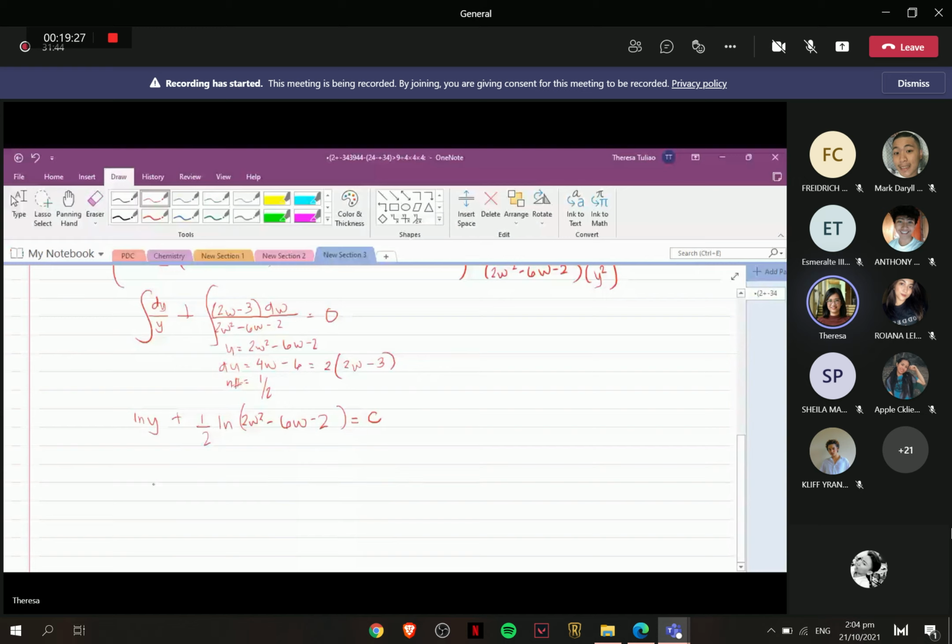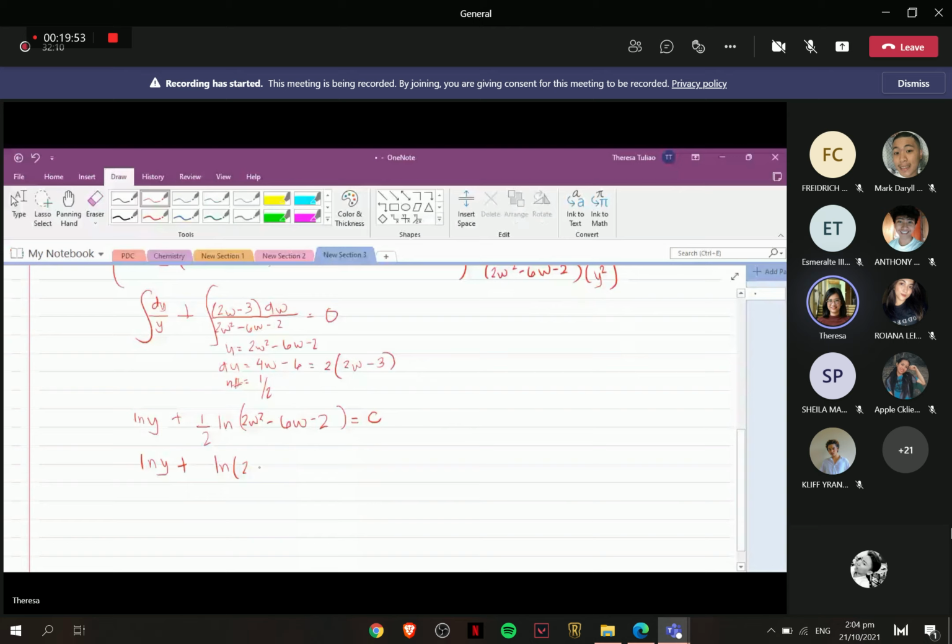we can use power rule, paglit plus. Okay. Pwede nating itaas yung 1/2 dun, no? ln. This is power rule of the laws of logarithm.